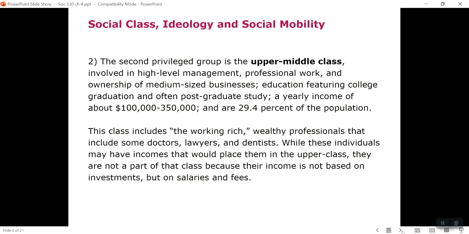These are people who typically are doing professional work, so doctors, lawyers, engineers, architects, people like that, as well as high-level management positions. They may own small or medium-sized businesses, and their yearly income is upwards of $100K to about $350K. They're just under 30% of the population.